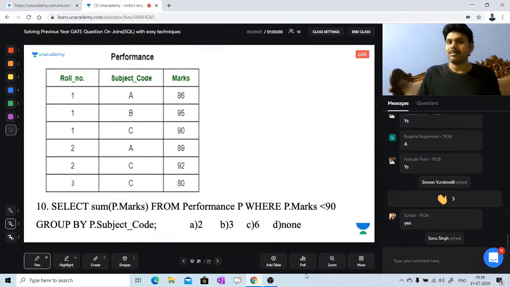This is your question. Analyze the performance table. See that this query is on that. How many rows will come? I'm giving you a poll.